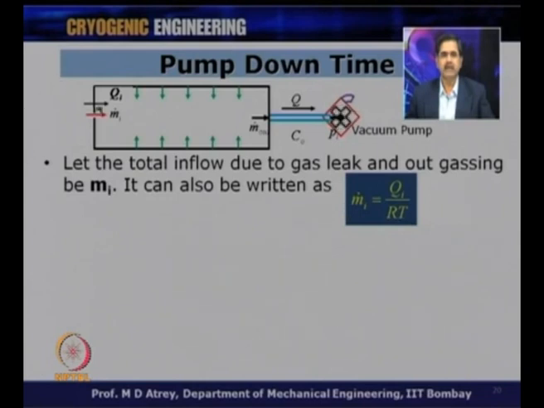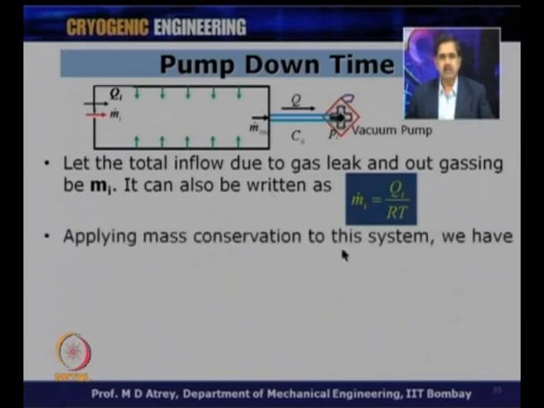Depending on the gas leak in a system, with several joints and several outgassing possibilities, and depending on the seal materials used, we will have some Qi, and as a result some m dot I. This could be a constant, or it could depend on time, so it can change with time also. So the total inflow due to gas leak and outgassing, m dot I, is equal to Qi upon RT.